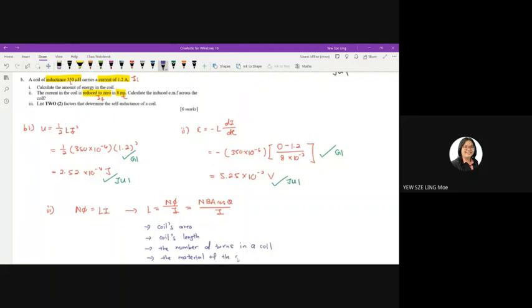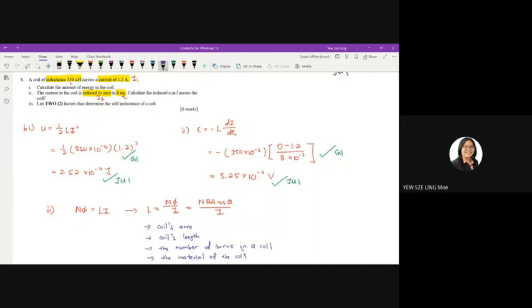You don't go and think, for example, oh, by changing the I, I'll be able to change the inductance. No. When it comes to capacitance, inductance, resistance, the things that will affect the value is the physical structure of the inductor, capacitor, and resistor.